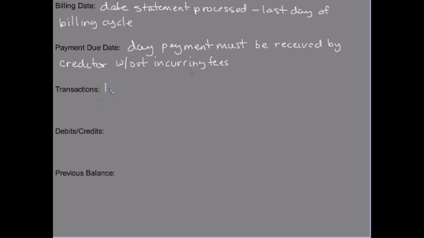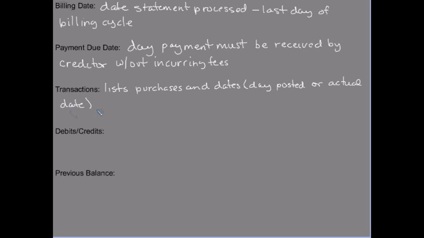Transactions lists the purchases and the dates. The date can be the day posted, or it could be the actual date. So if you go to the store and you buy something with your credit card on like the 3rd, on your statement it may show as the 3rd, or it may show as like the 5th or 6th, which would be the date that the company processed it.